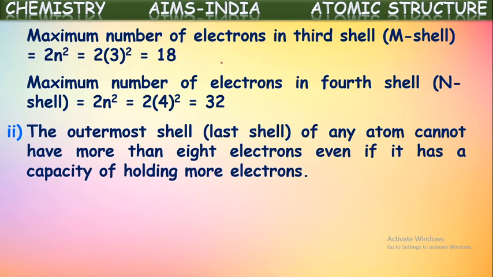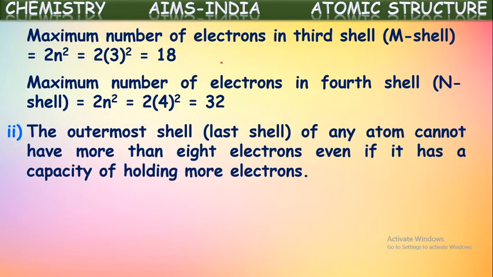The last shell of any atom will have a maximum of 8 electrons even though its capacity is more. The last shell of an atom is called the outermost shell.